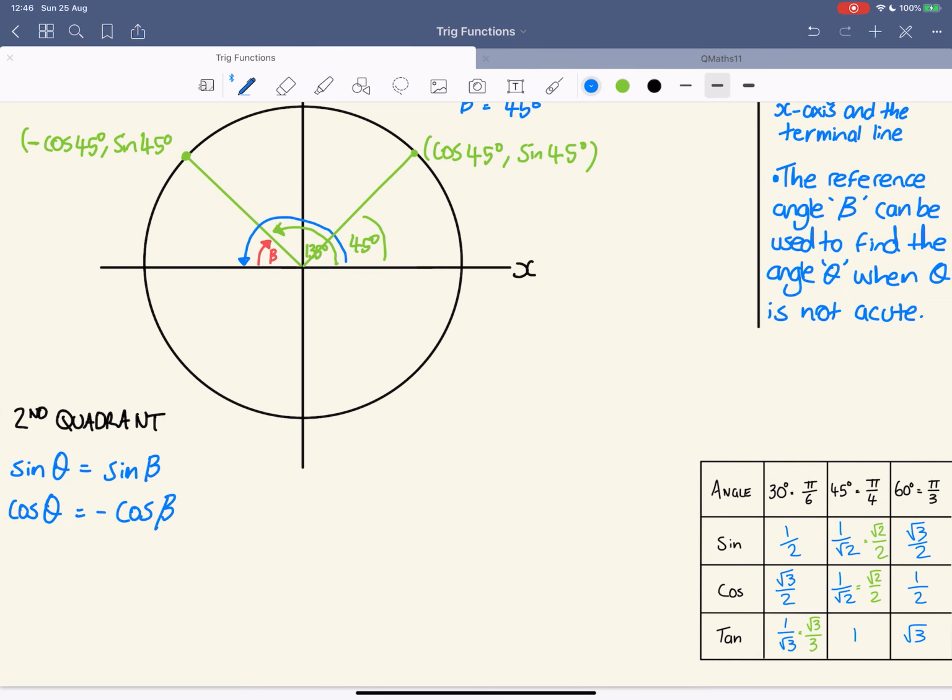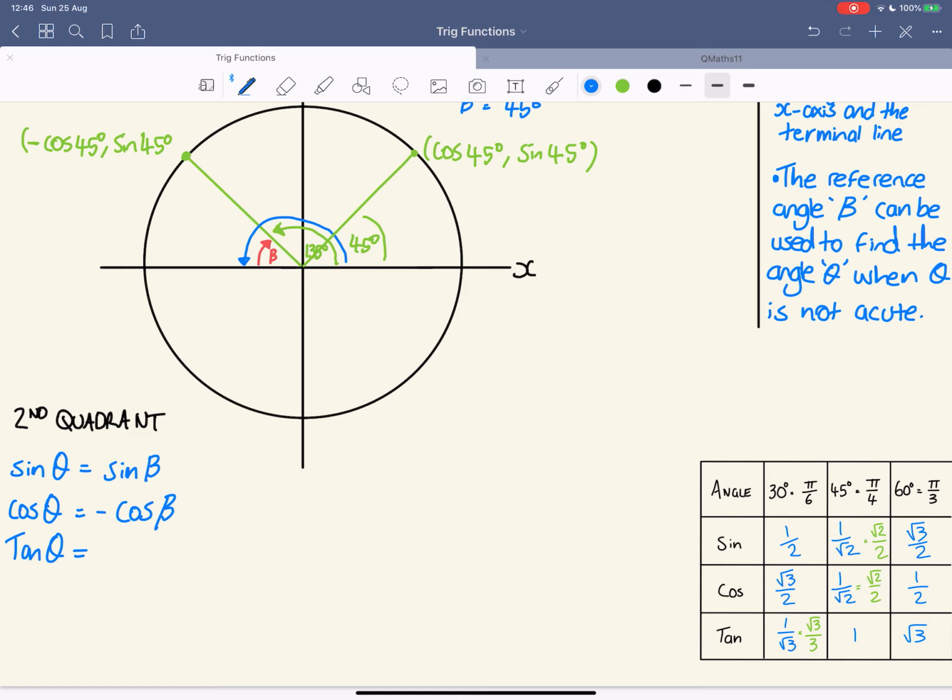Now, we can use this idea to make the tangent. We haven't talked a lot about the tangent, but if we think about it, the tangent is the sine divided by the cosine, right?